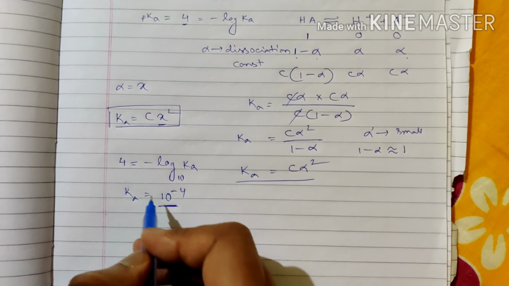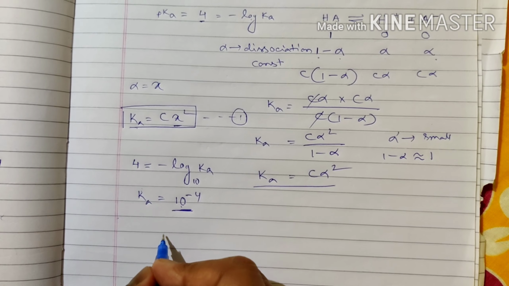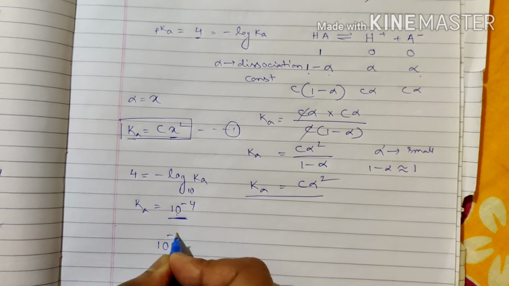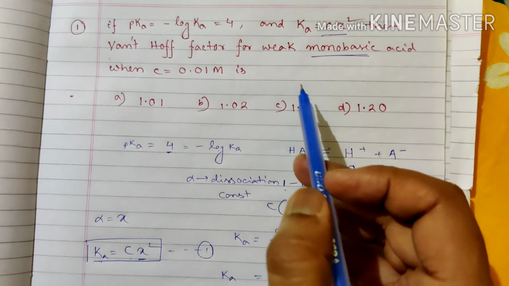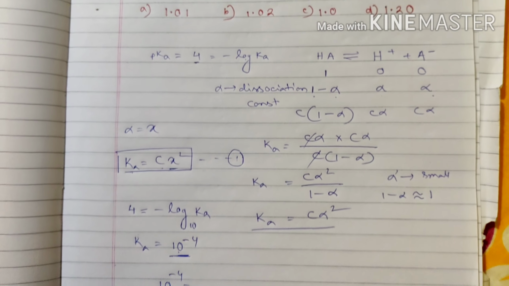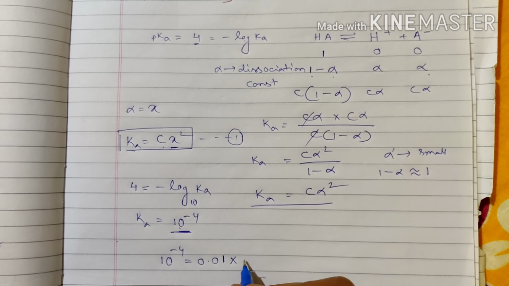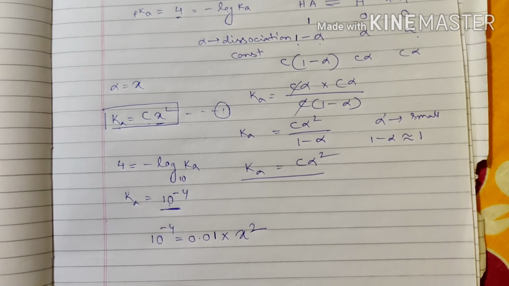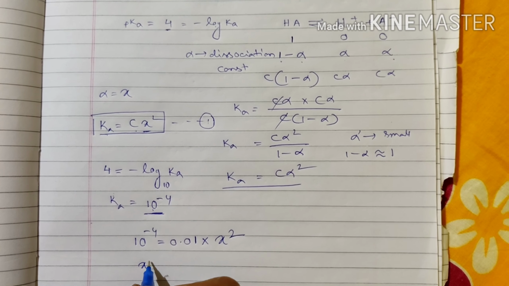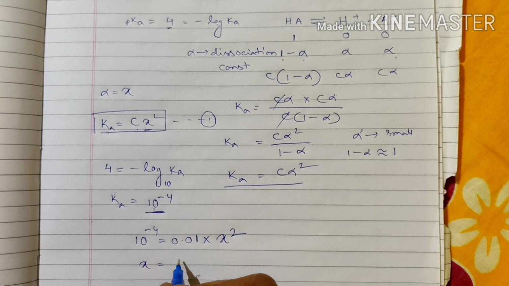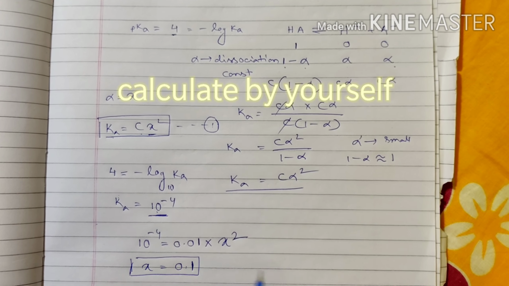Now in equation number 1, I am putting Ka as 10 to the power minus 4, is equal to C, the concentration given in the question, 0.01, into x square. So if you calculate the value of x from here, it should be 0.1. So we have got the value of x.